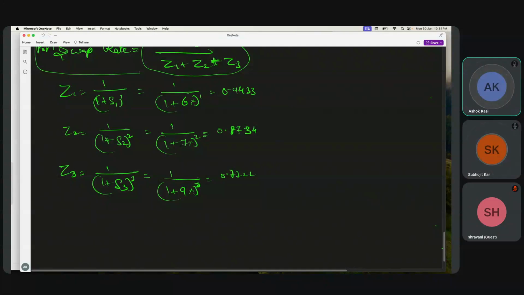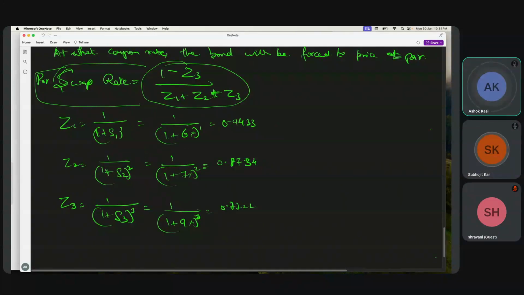So you have calculated all this. Now you do 1 minus recall 3 and store it somewhere, say store 8. You get 0.2278.